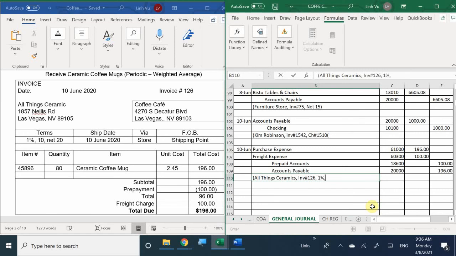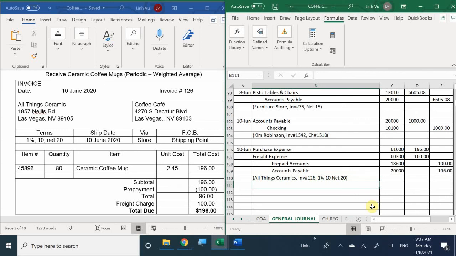Net 20. Okay. What else? Do I get a discount? 1%, 10, net 20. Yes. So 1%, 10, net 20. Okay. All right. There you go.